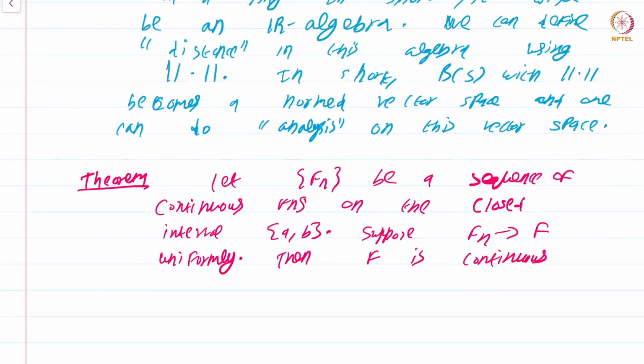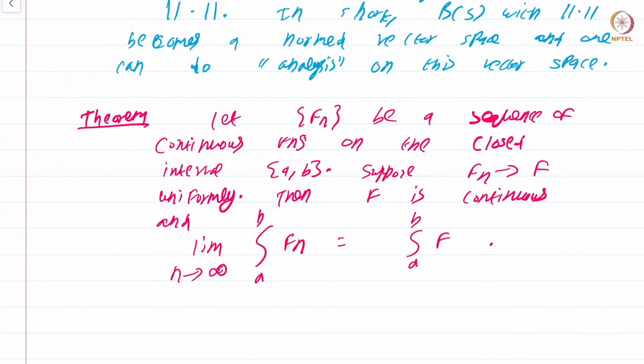But the key thing is that the integral from a to b of fn, which exists because the fn's are all continuous, as n goes to infinity is equal to the integral from a to b of f. So essentially this limit can be pushed inside. The behavior of uniform convergence under integration is the best possible behavior. You cannot get better behavior than this.